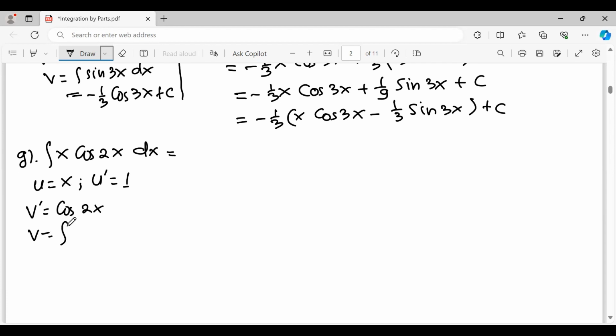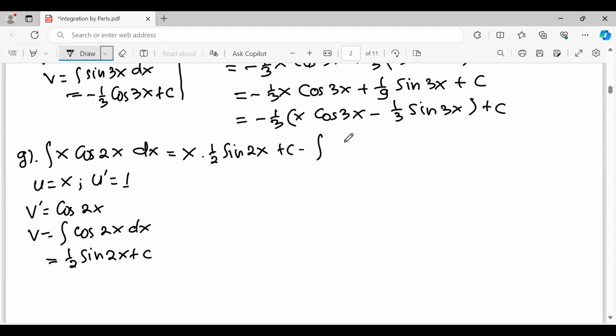So phi is the integral of cosine 2x dx, half sine 2x plus c. So based on the formula u times phi, x times half sine 2x plus c, minus the integral of phi, half sine 2x, times 1 dx.